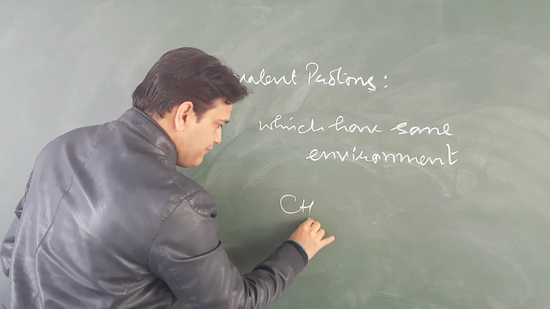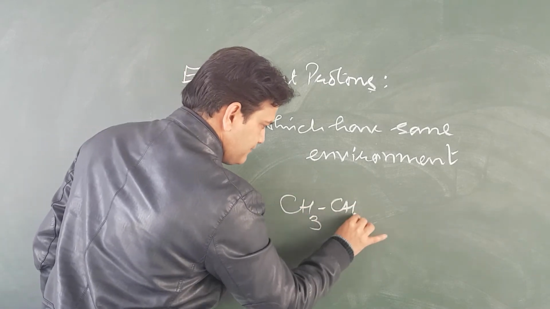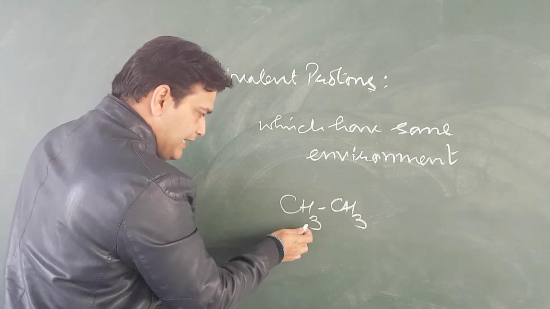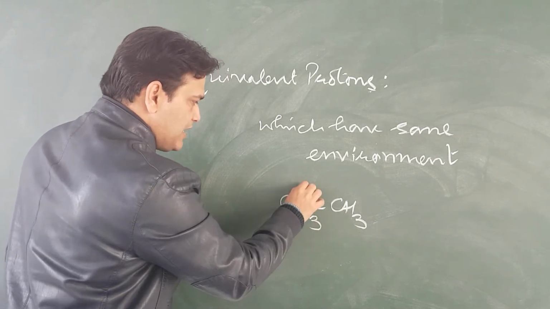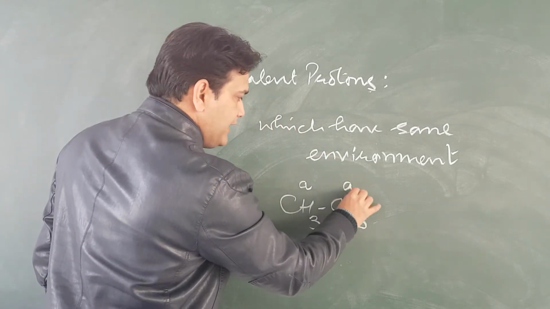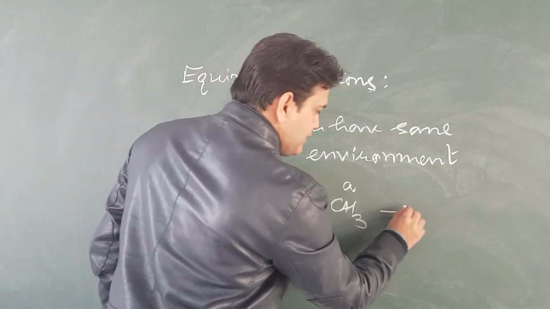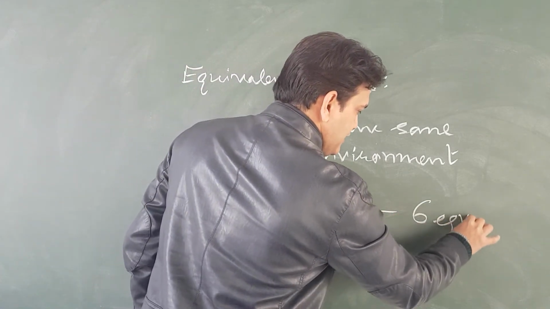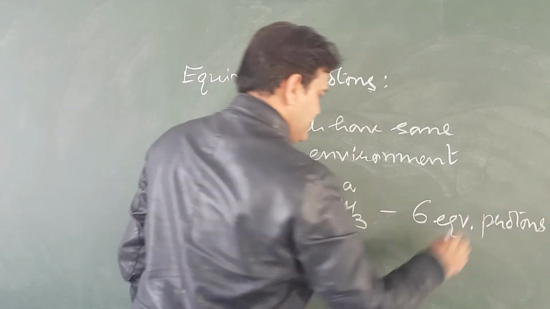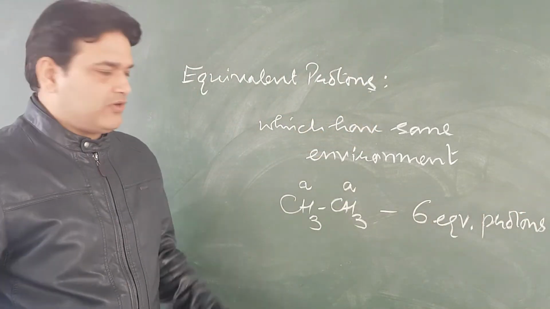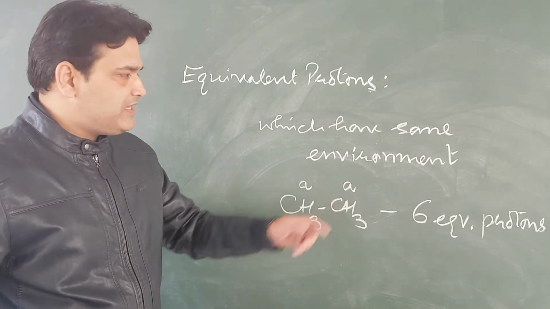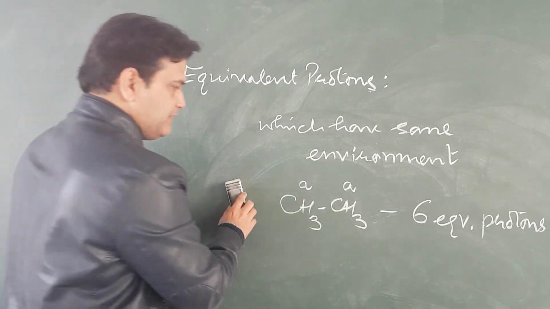Suppose we have ethane, and in this ethane, if these three protons are A type, then obviously they are also of A type. So there are 6 equivalent protons. They all are equivalent because they have the same environment in their surroundings.